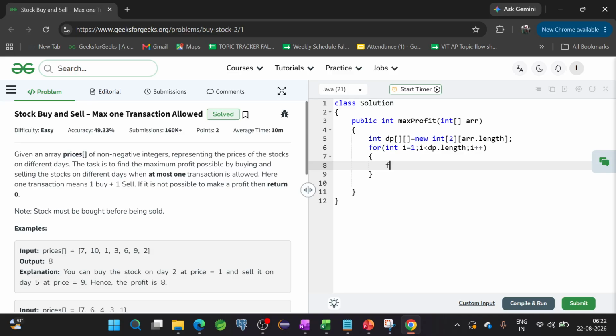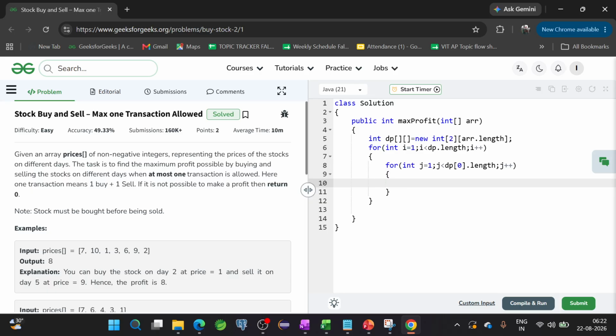And j will start from 1, j equal to 1, j is less than dp of 0 dot length, and j plus plus. This is general, in case two transactions are allowed, three transactions are allowed, so you can solve in this way.